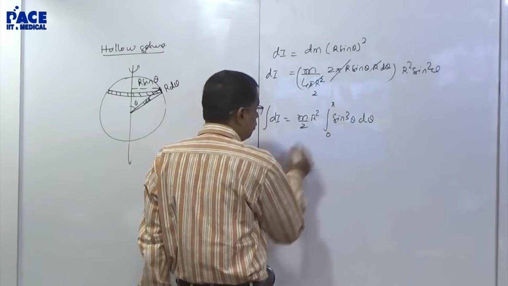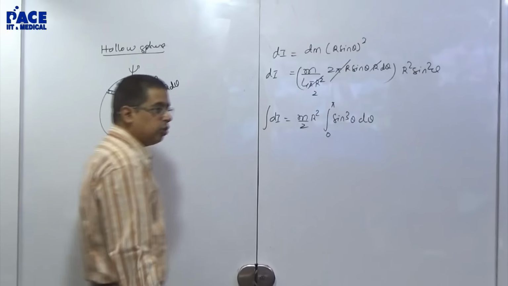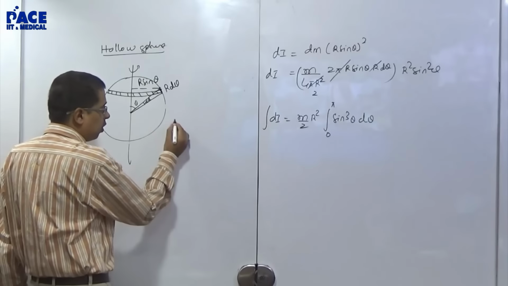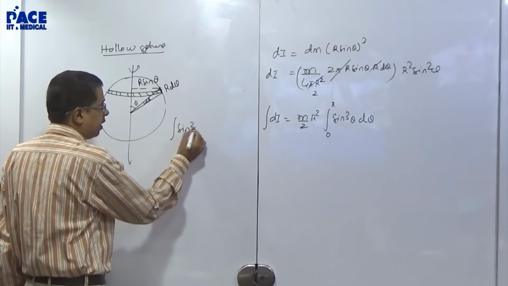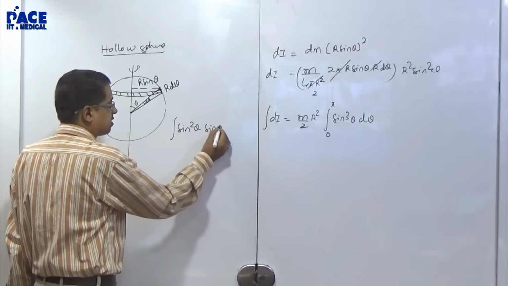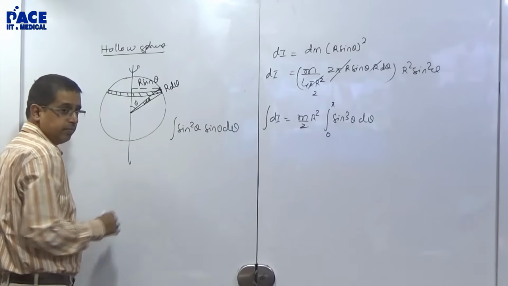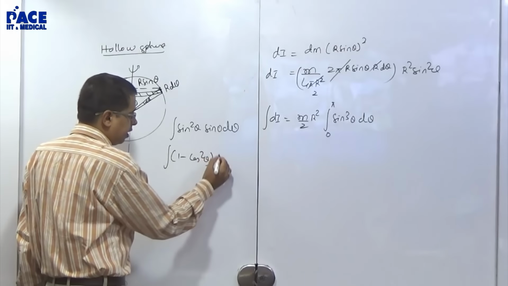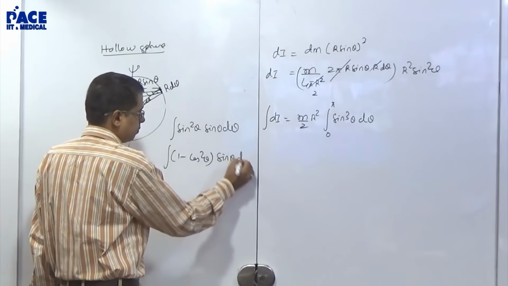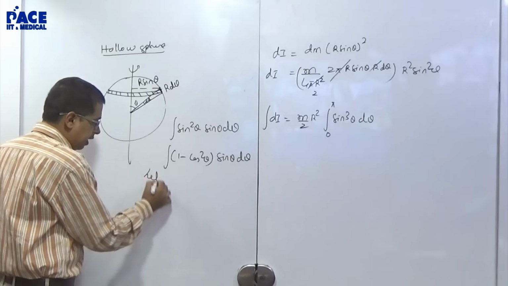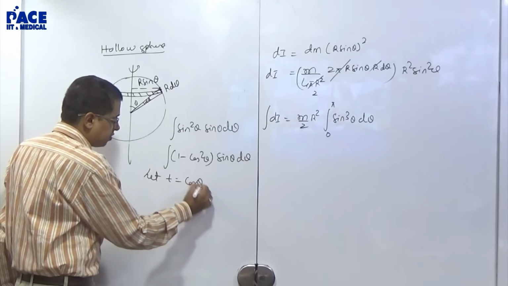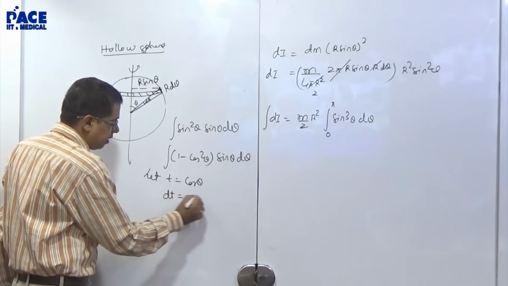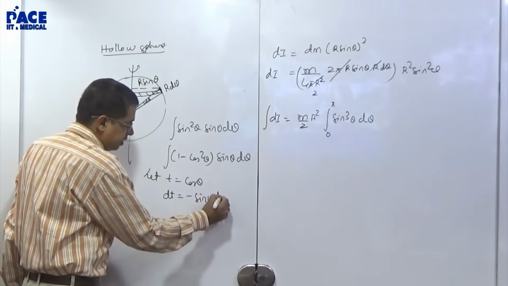Right? Do we know the integration of sin cube theta? Please follow this way. You can write it as sin square theta sin theta d theta. Agreed? Sin square theta is 1 minus cos square theta. Advantage: let t be cos theta. dt will be minus sin theta d theta.